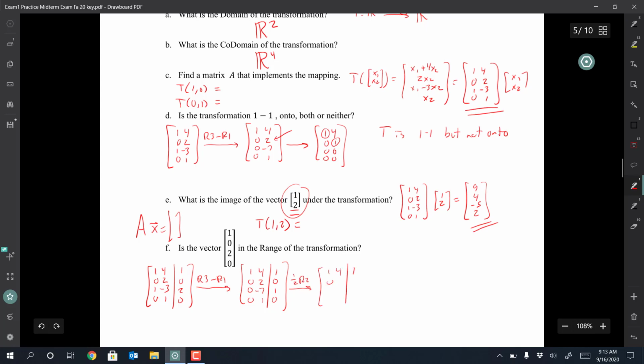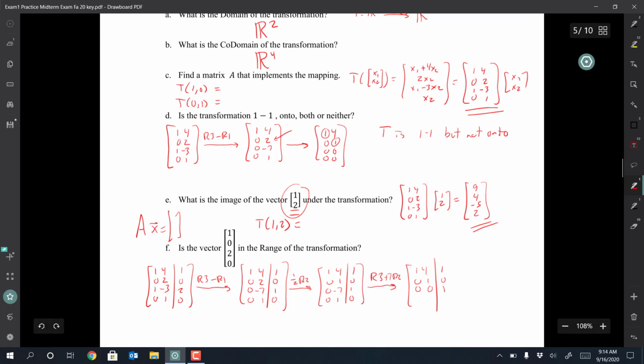I have this. And I'm going to take row 3 plus 7 times row 2, and I'm going to get 0, 0, and then 1 plus 7 times 0 is 1.